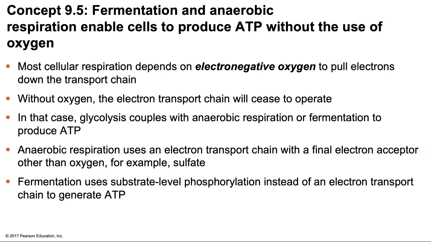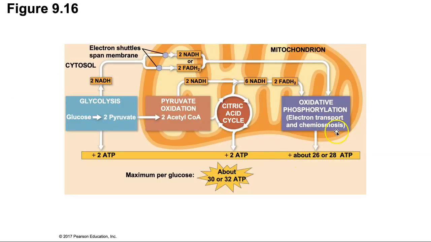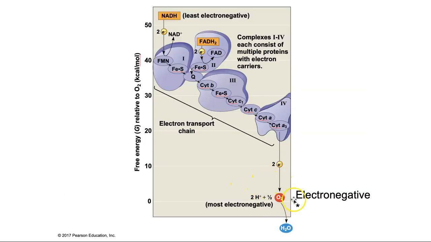Remember that the oxidative phosphorylation part of cellular respiration, the very end part over here, relies on oxygen pulling the electrons down their energy gradient, right? Oxygen needs to be here in order to pull that electron down this electron transport chain. If there is no oxygen present, and that even goes for us, who are cellular respirators, this electron transport chain will cease to exist. That is why we need oxygen.